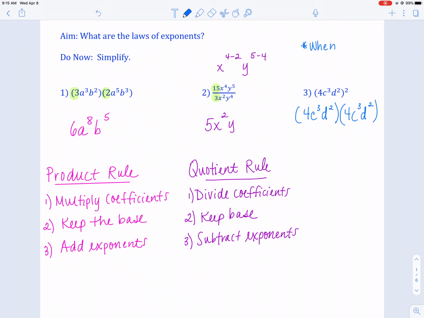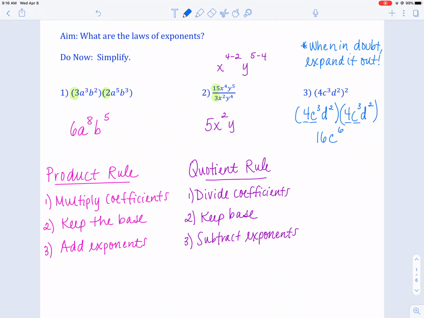Really, when in doubt, just expand it out. Because when you expand it out, you're back to the product rule. You're going to multiply your coefficients and you're going to add your exponents, right? So I know most of you will tell me, okay, I can get 16, c to the 3 plus 3 is 6, and d to the 2 plus 2 is 4.